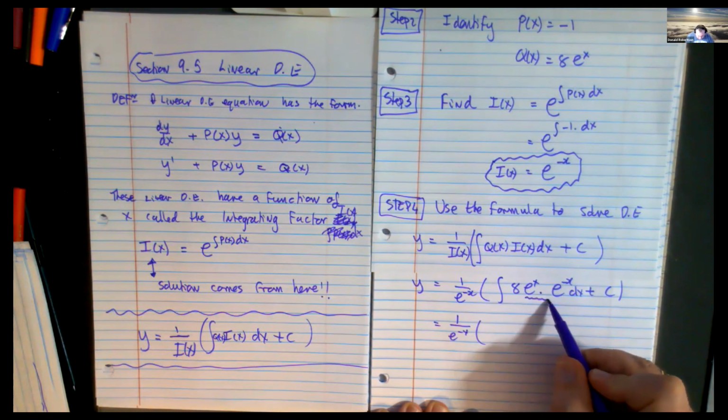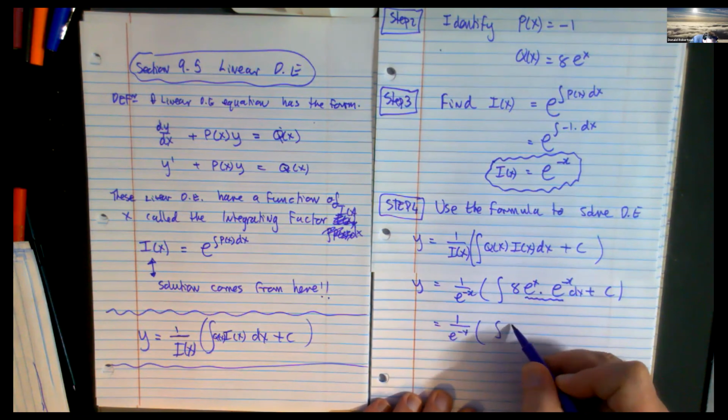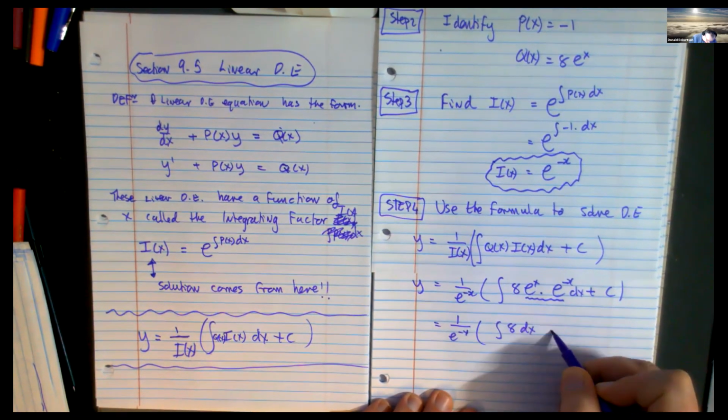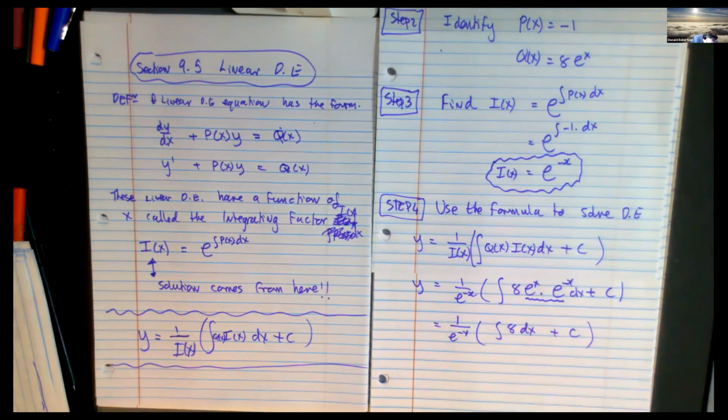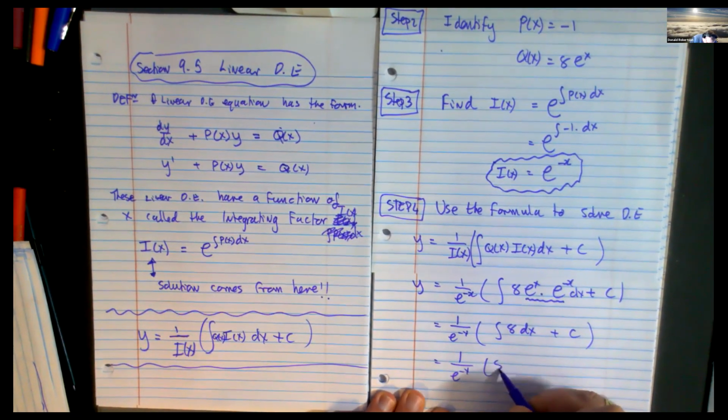Do you see that e to the x and e to the negative x, when you multiply them together, gets you e to the 0, and e to the 0 is just 1? So what you've got is 8. And if you integrate the number 8, you get 8x plus c.